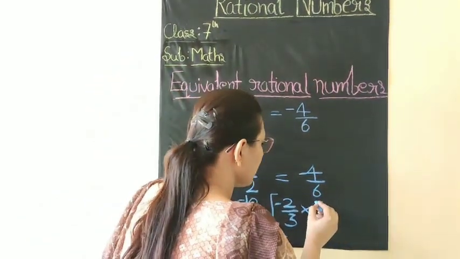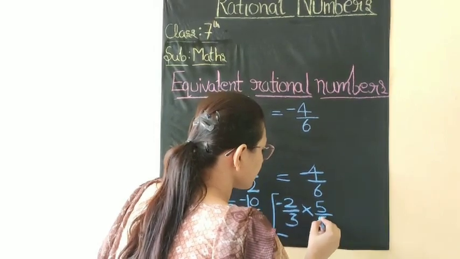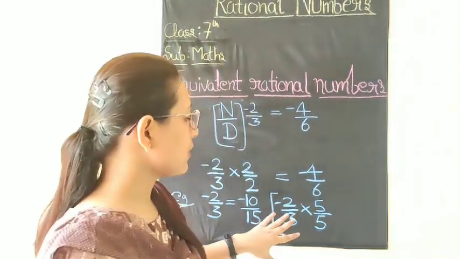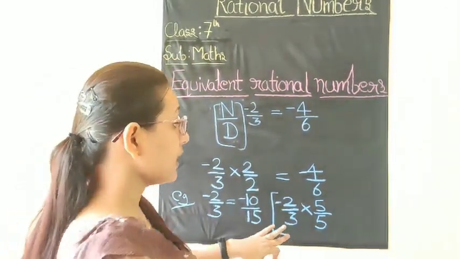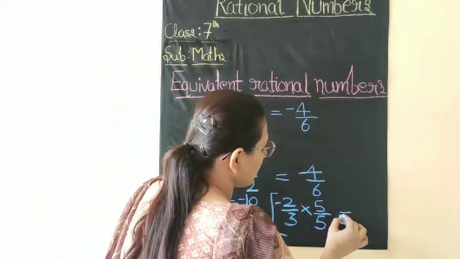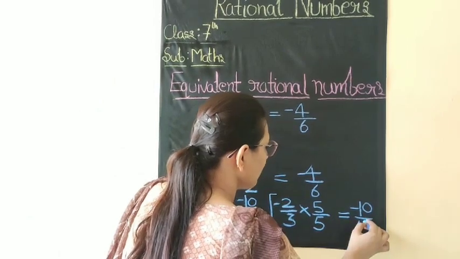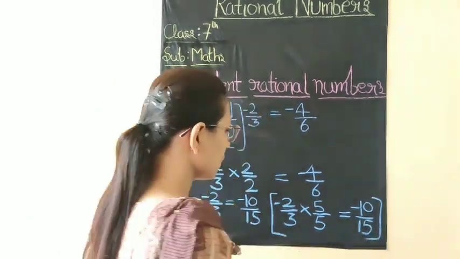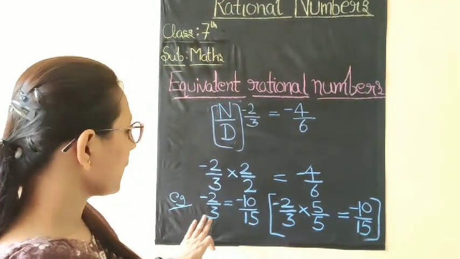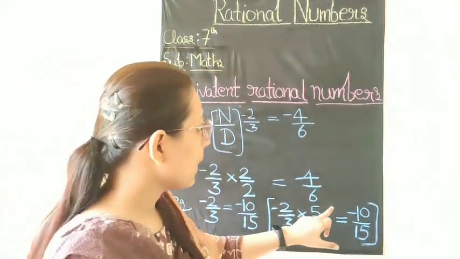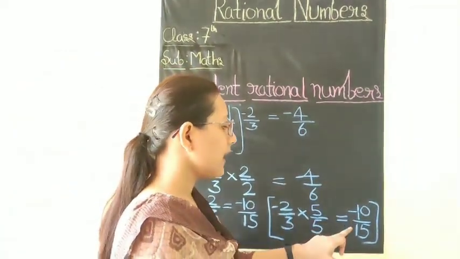We multiply 5 with both the numerator and denominator, then we get minus 10 by 15. So this means that minus 2 by 3 is equivalent to minus 10 by 15.